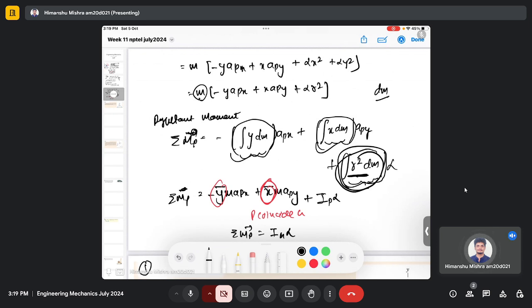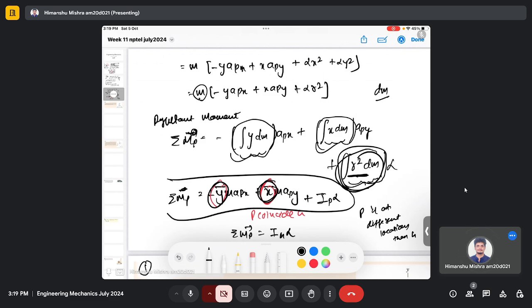And if it is not coinciding, if P is at a different location than G, then what happens? The location of P can be defined by this x bar and y bar. So these x bar and y bar will not be 0, and then you need to use this whole equation.